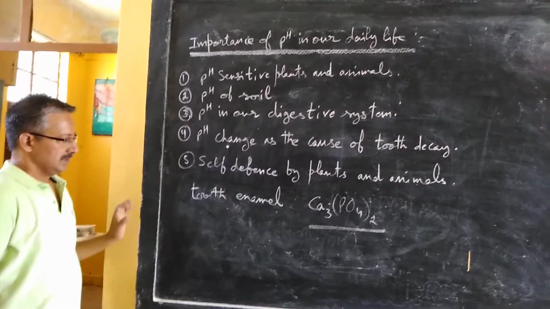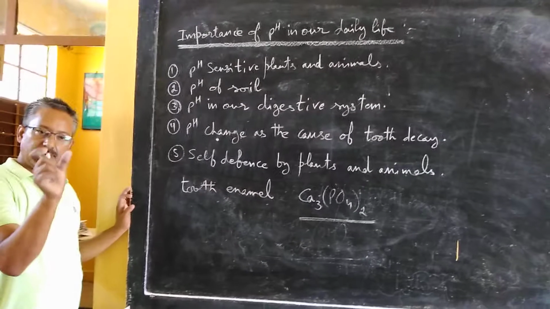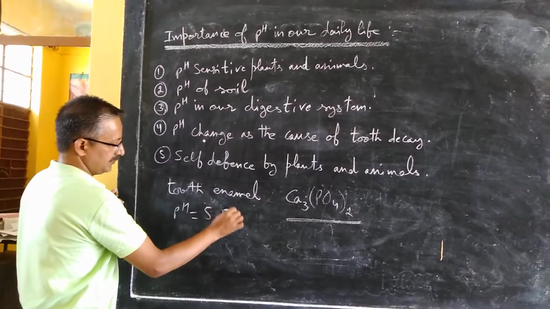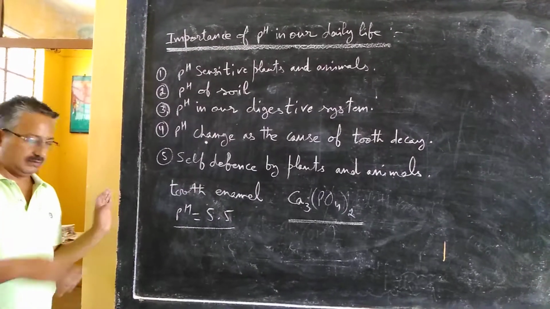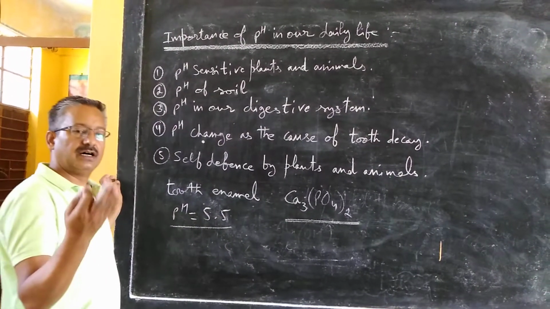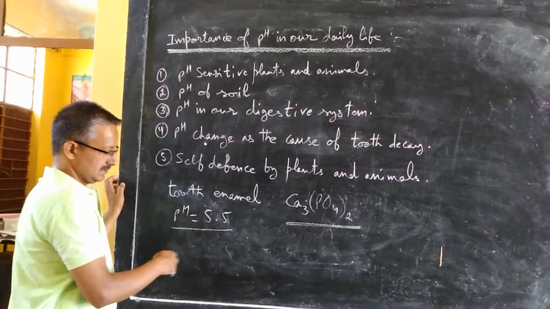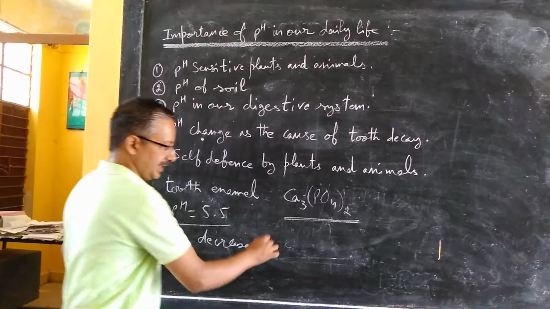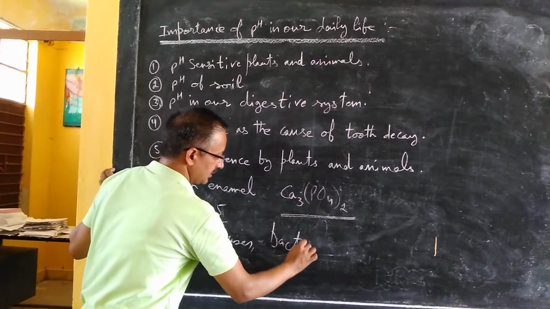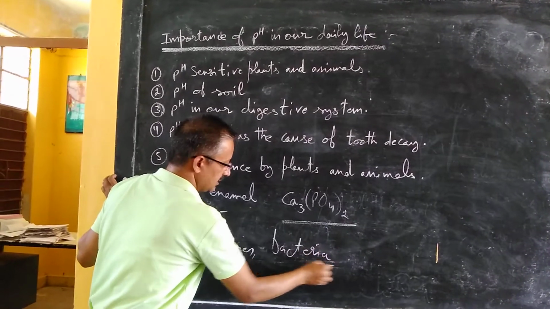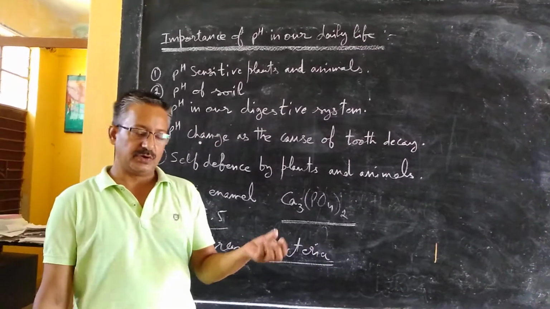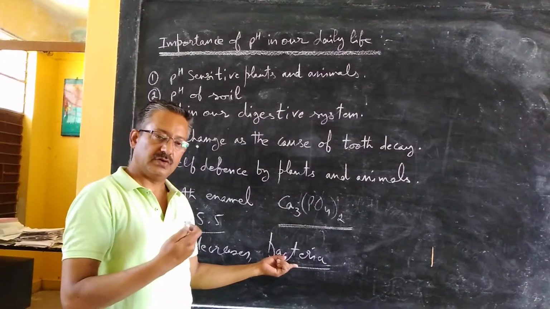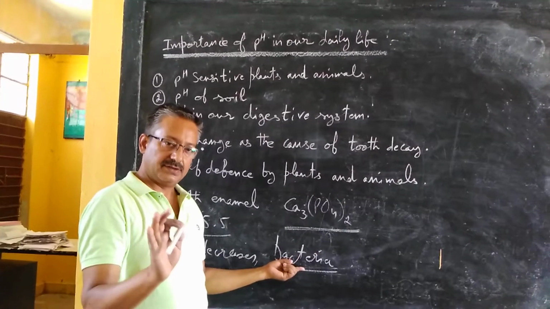Now what happens? The pH level of our mouth should be near about 5.5. In case the pH level decreases from this, then the bacteria which are present in the mouth start producing acid.